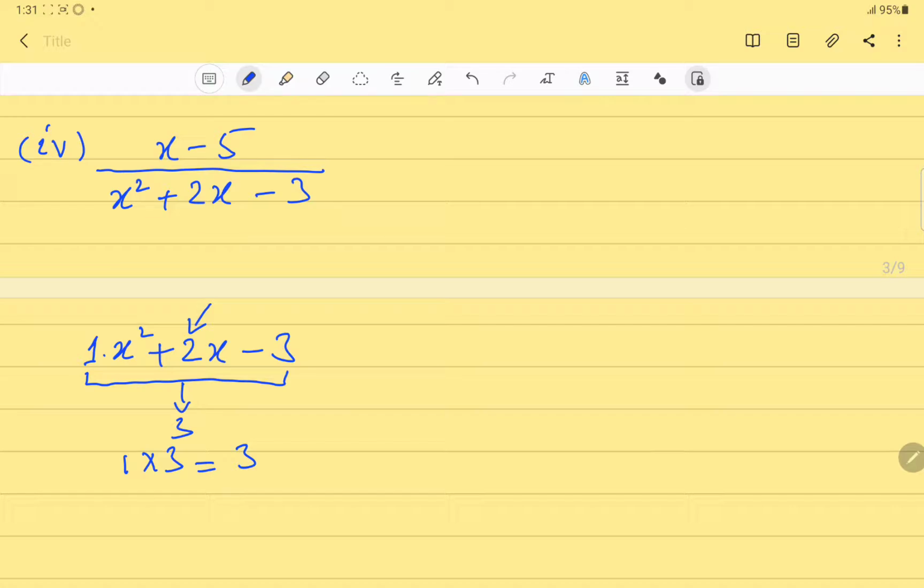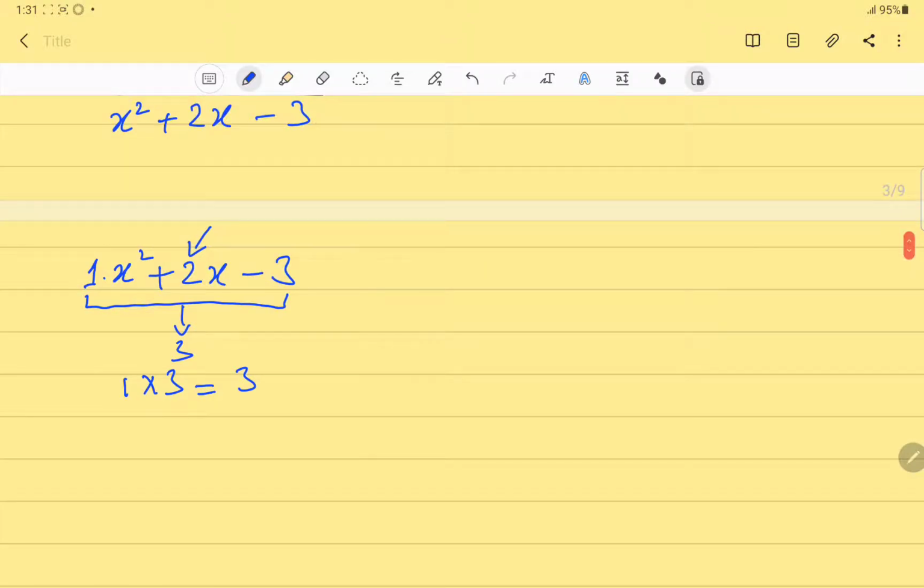So what we are going to do, instead of 2x, we can write 3x and minus x, which means 2x is equal to 3x minus x. So instead of 2x here, we will be writing 3x minus x.